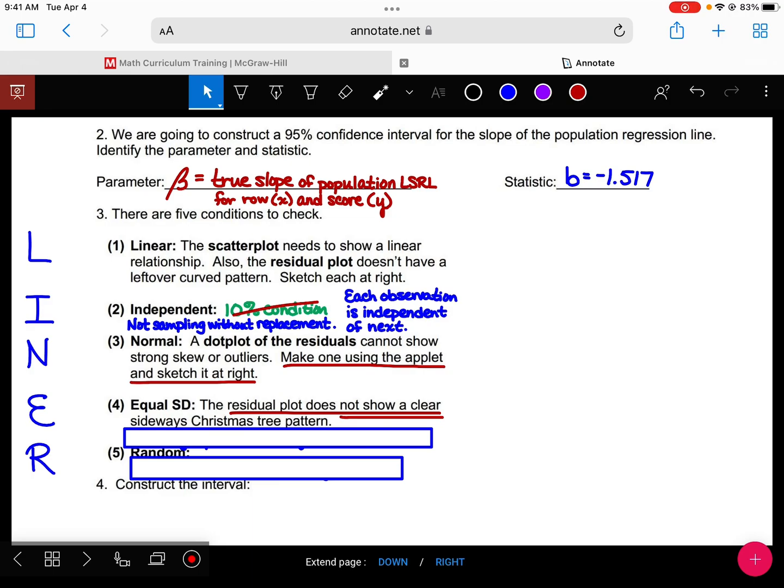How I would know if it was not is if I saw a sideways Christmas tree pattern, where it starts off really close to that line, and then it's further away, and it's increasing in variability as I move through those x values. So it's going to have a sideways Christmas tree pattern if we don't meet condition 4.